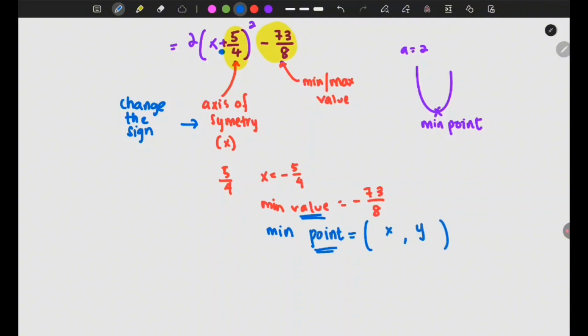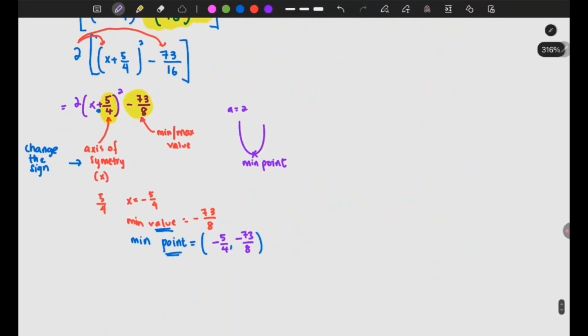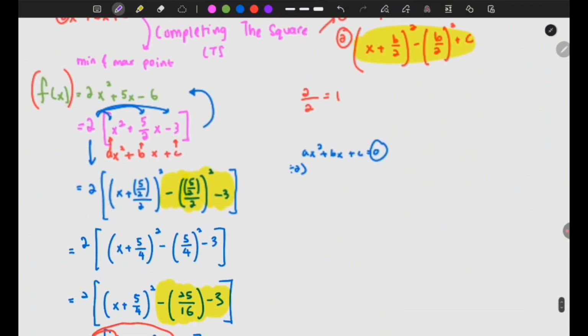So your graph will look something like this. I'm just estimating. Your A is positive. The y-intercept is negative 6.